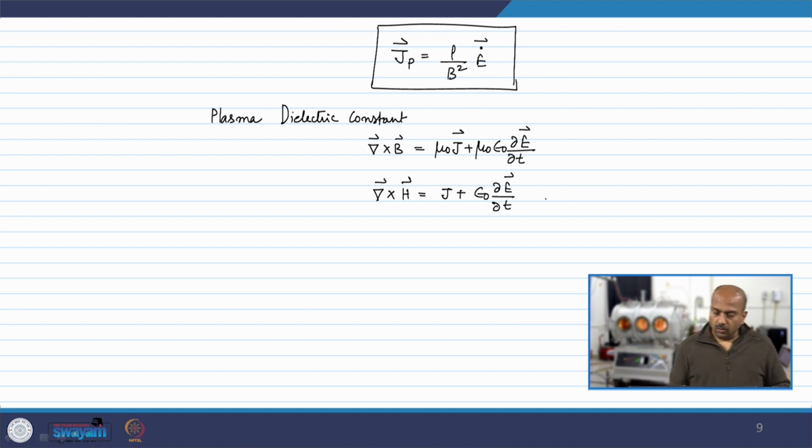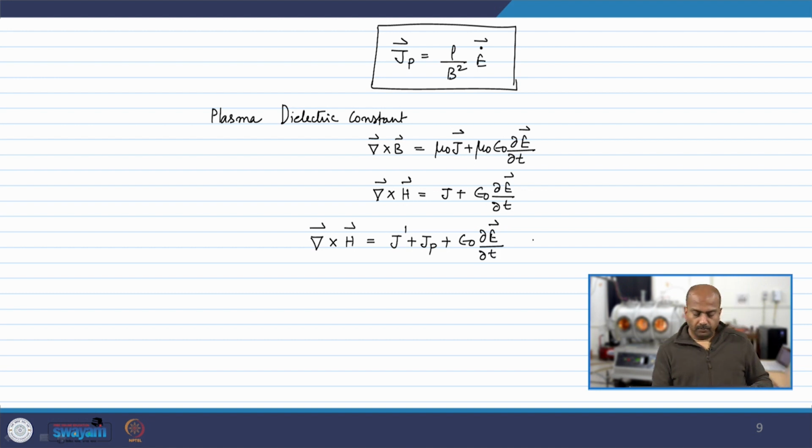So, if we have to write this expression for the plasma, then we have to make suitable modifications. So, it will be del cross H is equals to, let us say, J prime plus Jp plus epsilon naught dou E by dou t. So, J prime, what is J prime? J prime is the current density due to other sources.